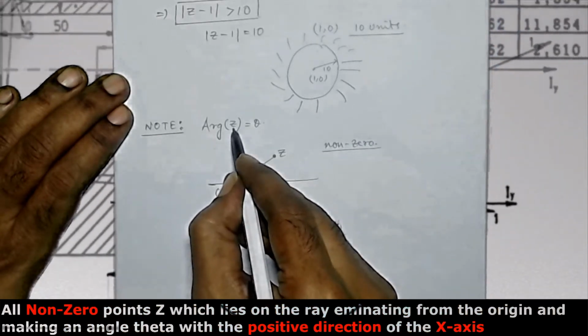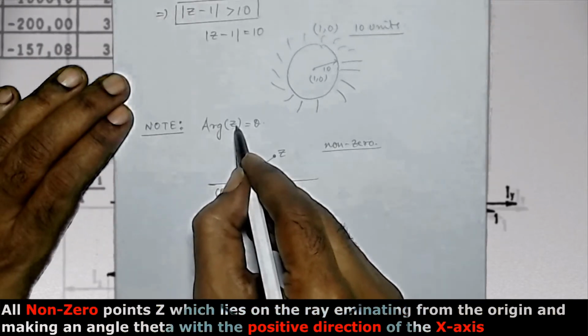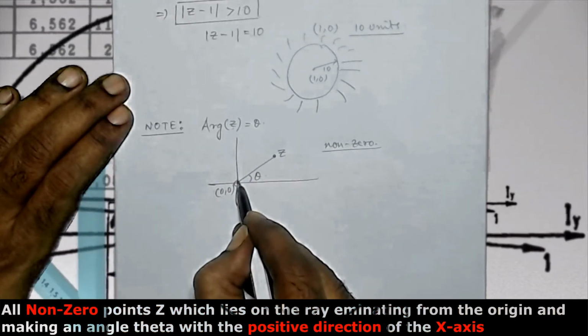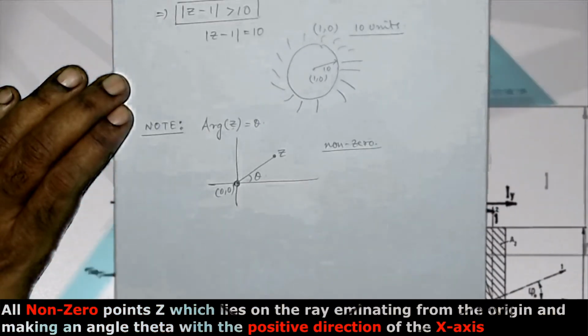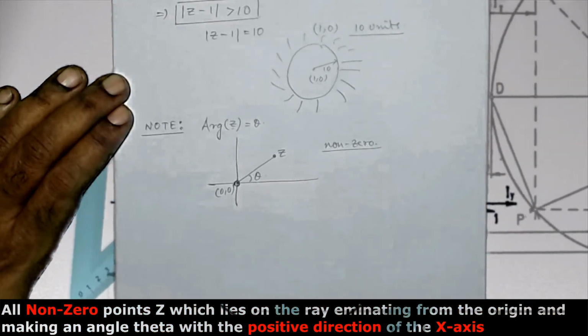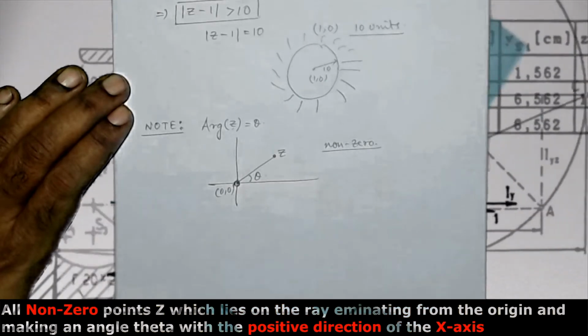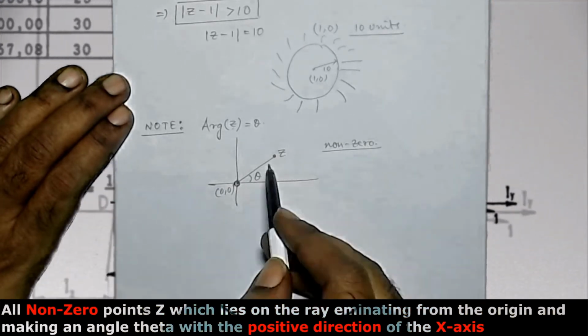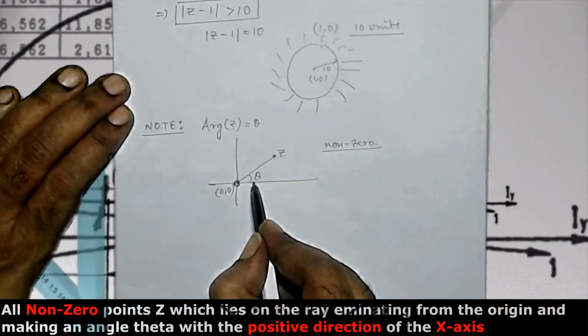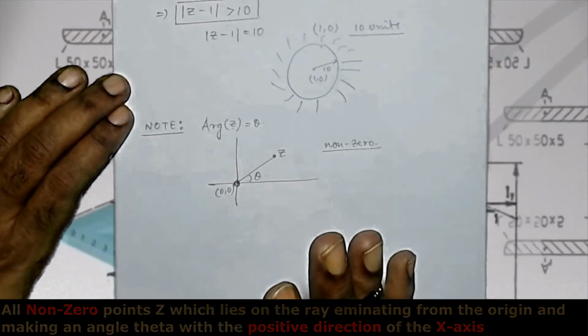Z cannot be 0. That is, z is not touching the origin. So this point is open. Is it clear? So it represents non-zero points on a ray emanating from the origin, making an angle theta with the positive direction of the real axis.